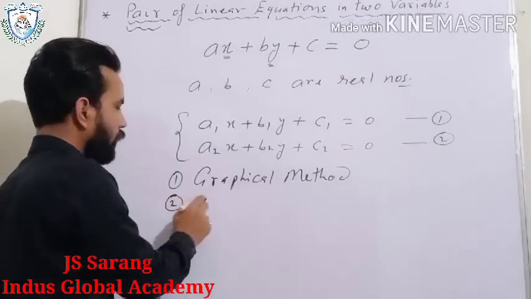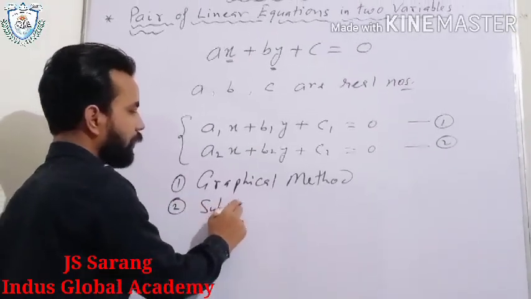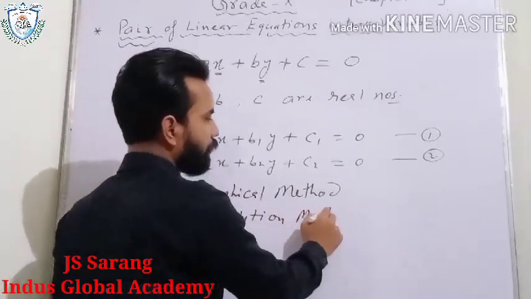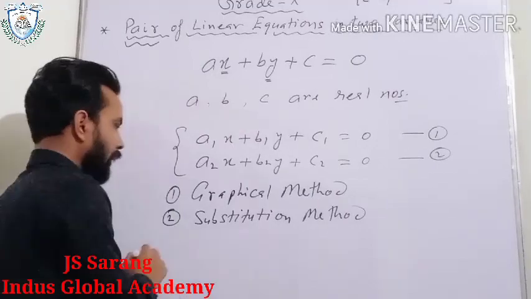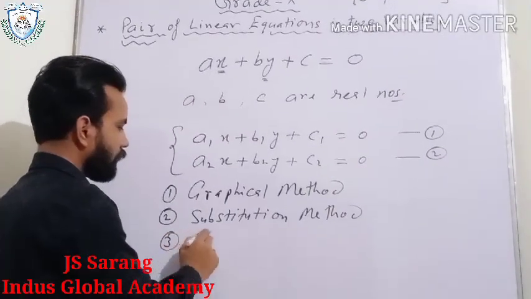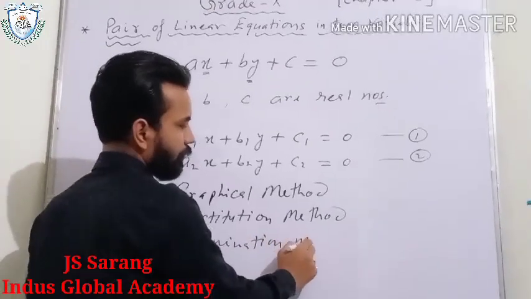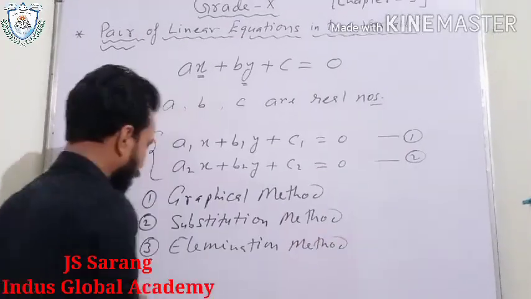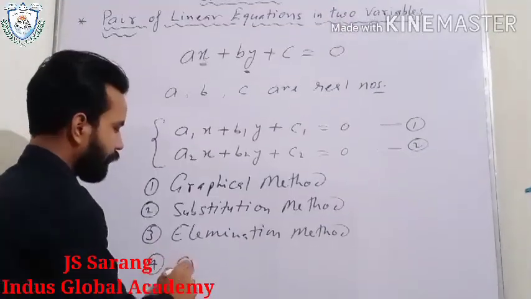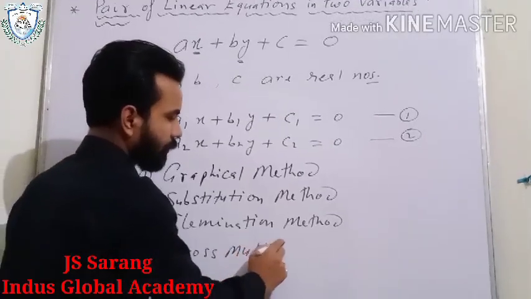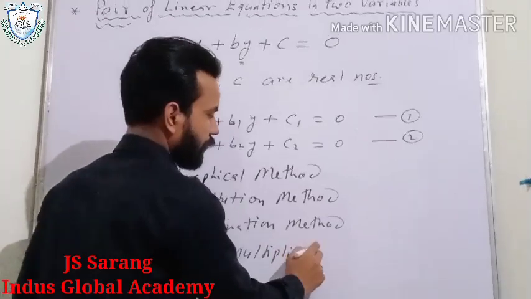The second method is known as the substitution method. The third is the elimination method. And the fourth method is the cross multiplication method.